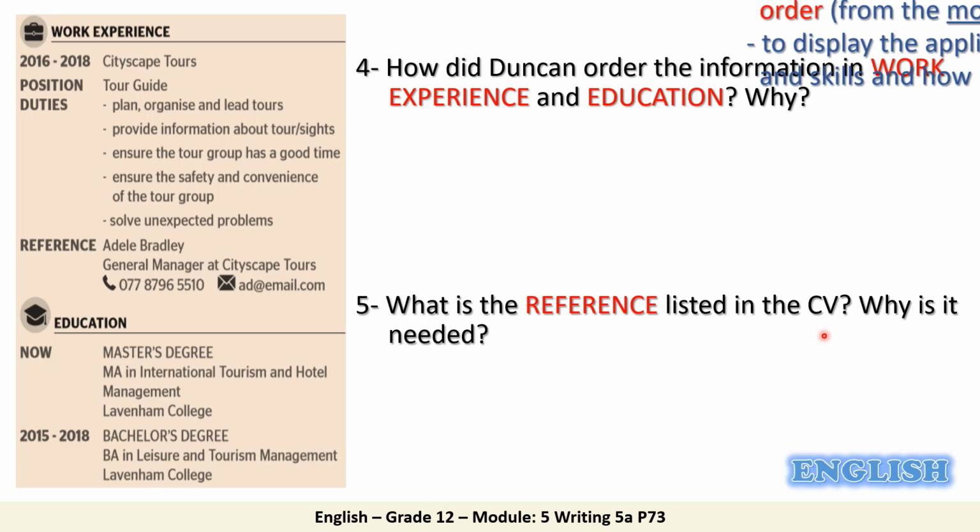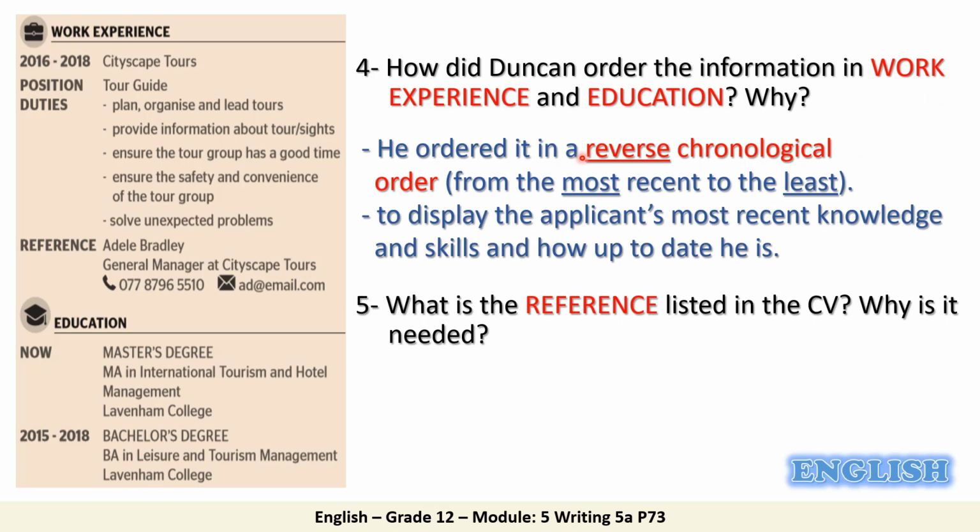Ready? Okay. He ordered the information in a reverse chronological order. By reverse chronological order, we mean from the most recent to the least recent. Okay, it's very clear right here. Now he is doing a master's degree, and before he did a bachelor's degree, right?